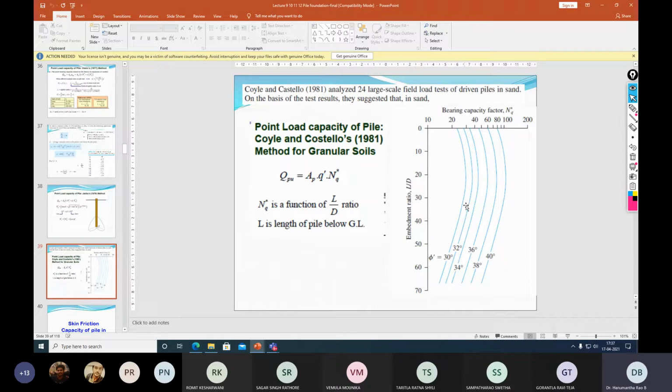Okay. So L by D is 33. So draw a horizontal line corresponding to 35, and draw a vertical line at approximately 40 plus something. Okay, and simply substitute q dash, the overburden pressure only, 17 multiplied by 15. That's it.